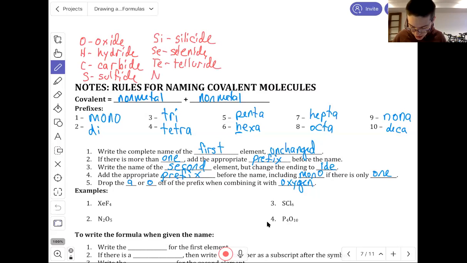Nitrogen, nitride, that's normal. Phosphorus, phosphide. Arsenic, arsenide.